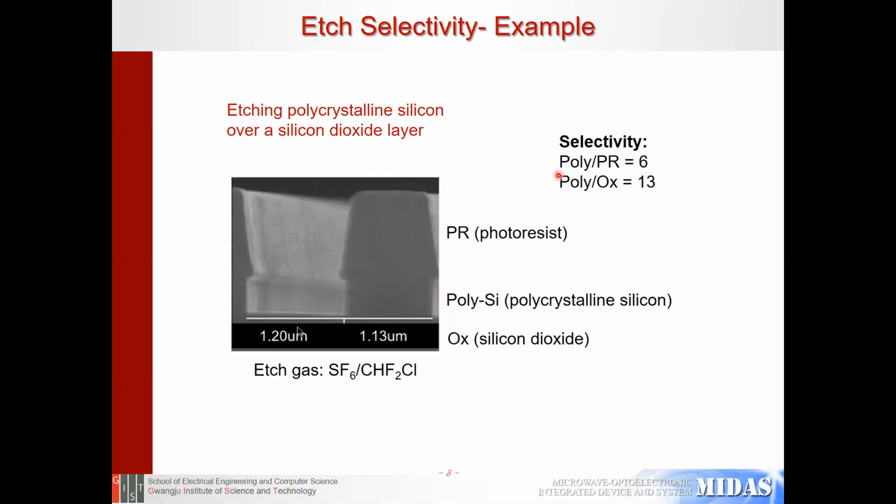Here are the selectivity ratios: for polysilicon to the photoresist we have a selectivity value of 6, and for polysilicon to the oxide layer the selectivity value is 13, which is high. The selectivity value varies from 1 to hundreds, up to 1000, depending upon the process and the details.